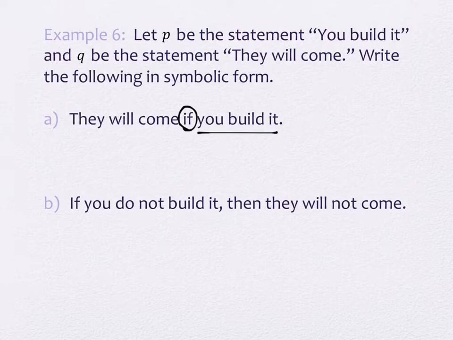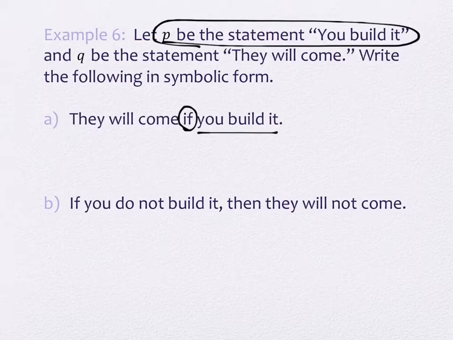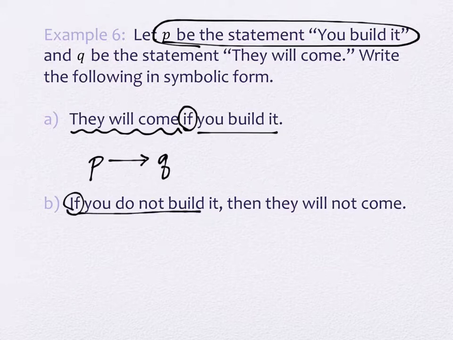So if you build it, what symbol was you build it? It's P, sorry, I had it backwards in my mind. It's P. So this is P, and it says if, so that's an arrow. And then the conclusion, oddly enough, comes first in the way this one's written. It's still the conclusion. So it's P implies Q. On the second statement, you see the if come at the beginning. It's a little more natural for the symbols that we're writing.